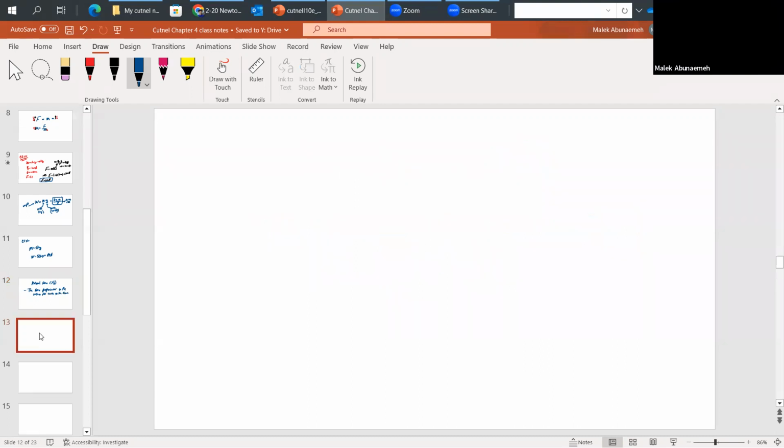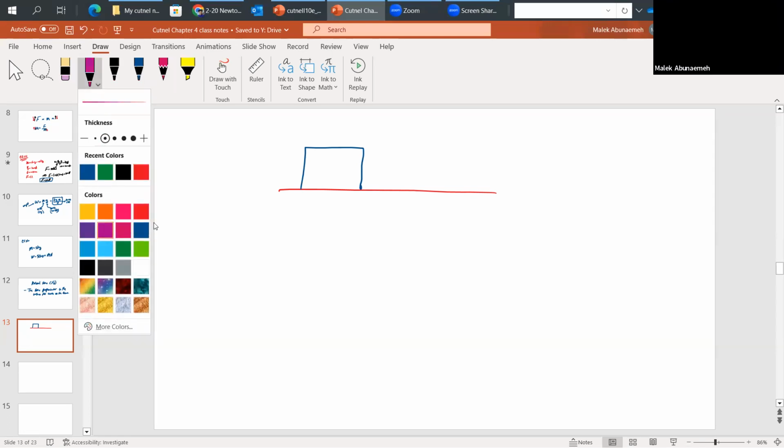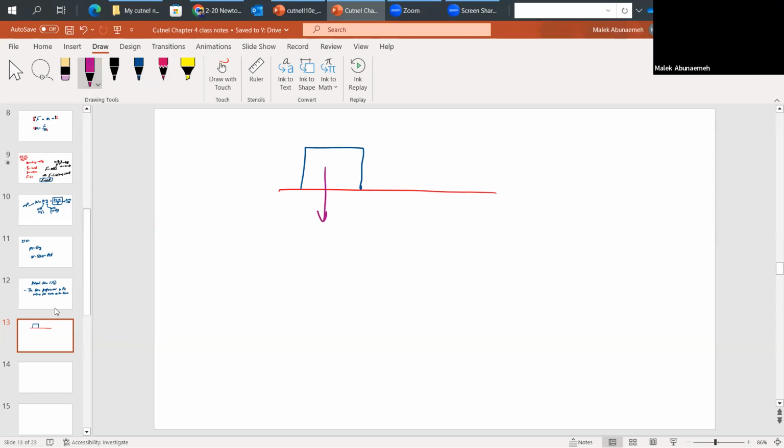So what does that mean? Let's say we have a block of ice, and there's some floor over here. This block of ice is standing, which means having a mass, it would have a weight.